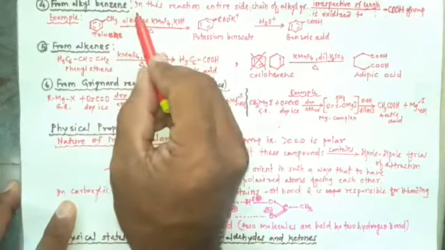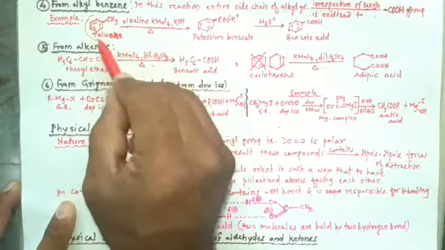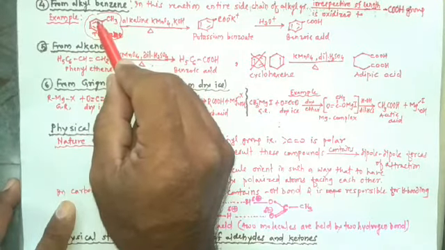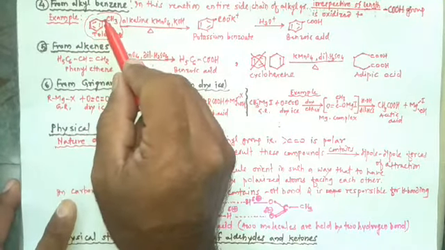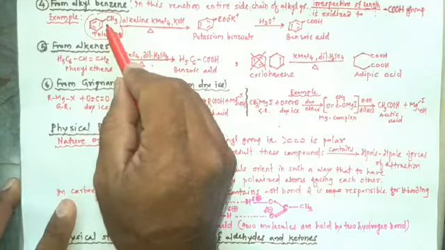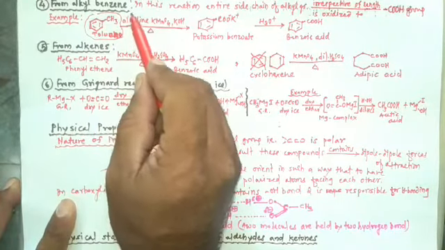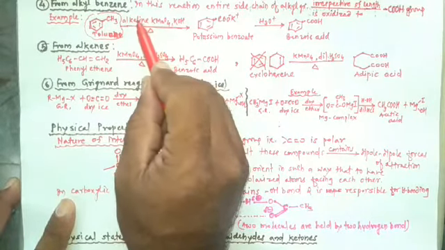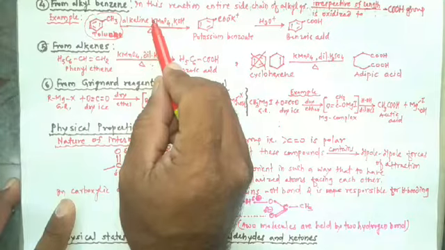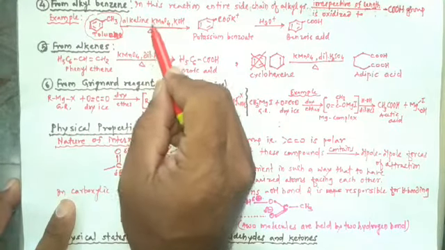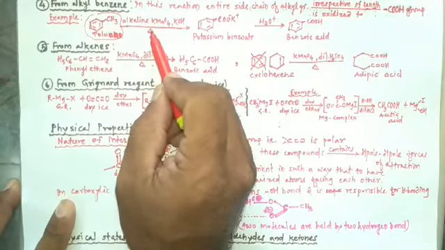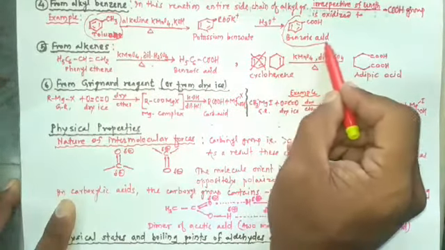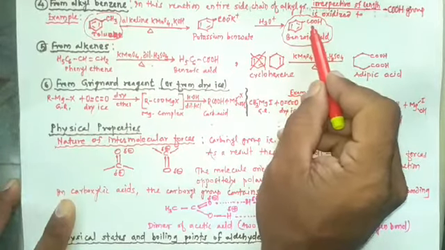This is the alkyl benzene, an alkyl group attached to the benzene. In this preparation method, alkyl benzene is reacted with a strong oxidizing agent like acidic KMnO4 or alkaline KMnO4 or chromic acid or dilute nitric acid. Then it produces aromatic carboxylic acid.